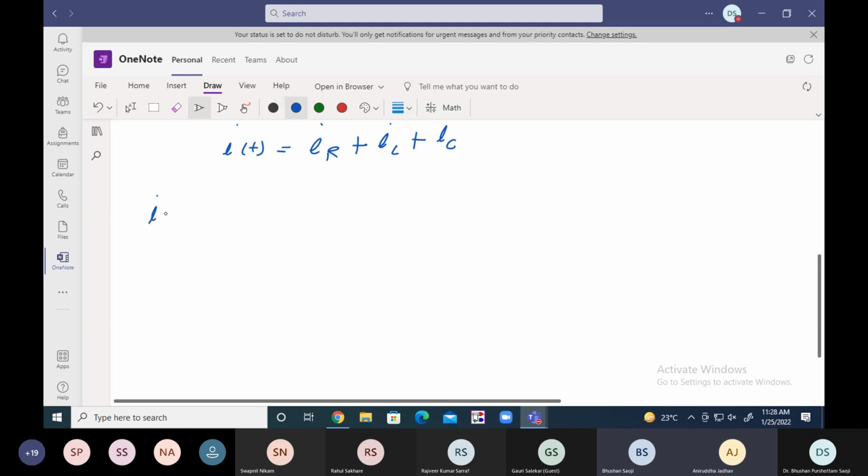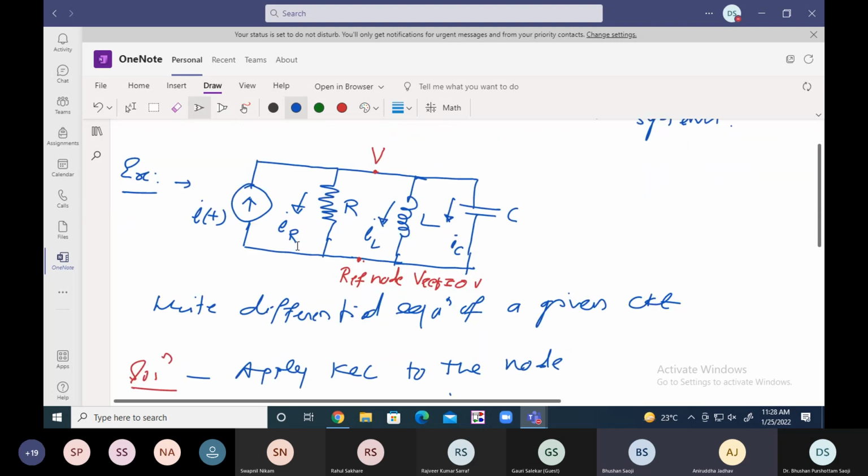So we can write I of t equals the current flowing through the resistance, IR. What is the voltage across the resistance R?